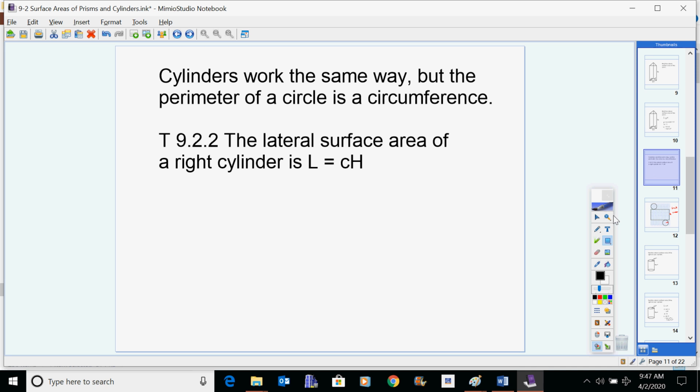But then it's very easy to imagine unrolling that paper and doing the same thing and applying the same concept. The lateral surface area of a right cylinder, okay, ones that are nice and straight up and down, not the crazy ones that go sideways, is the circumference times the height.